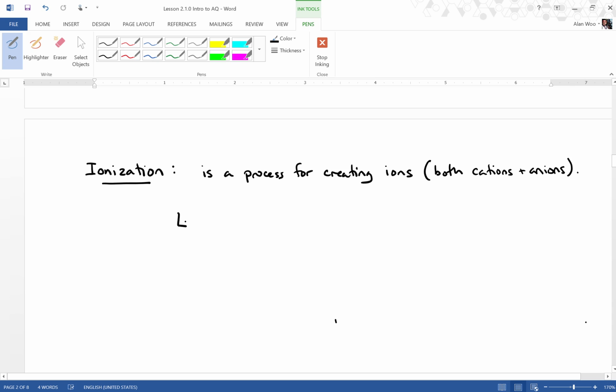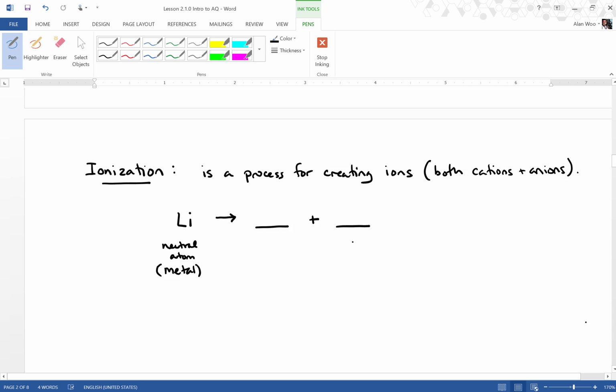So again, let's take the lithium atom that we just looked at. In the previous video, we said a lithium atom will tend to lose its electron. So to write it out as a reaction, we generally take the neutral atom, and because it's a metal, it will tend to lose its electron. So on the other side here, we're expecting two products.